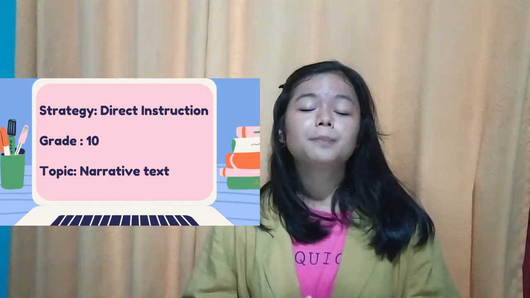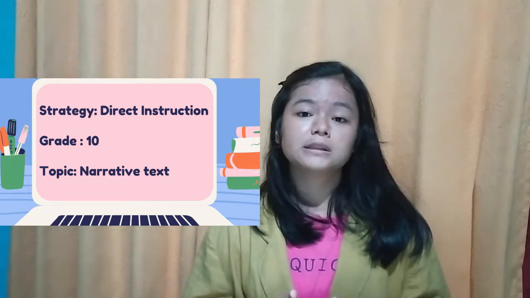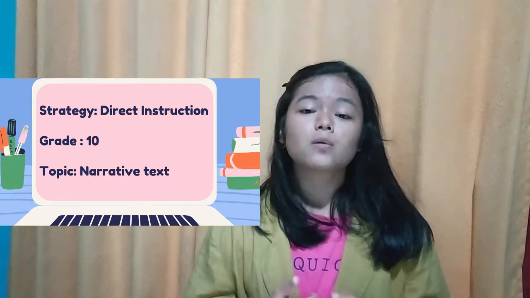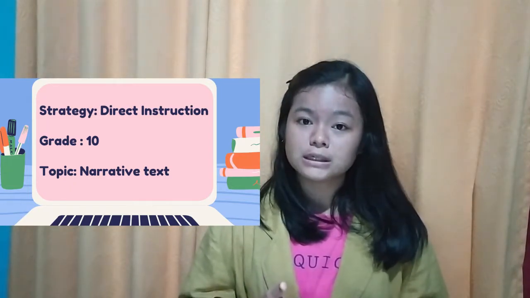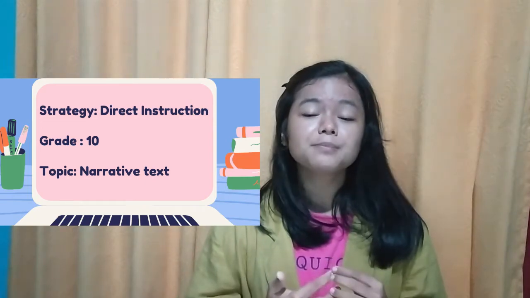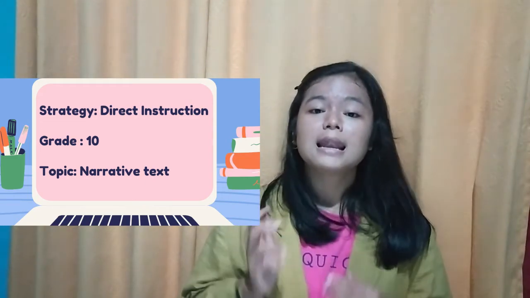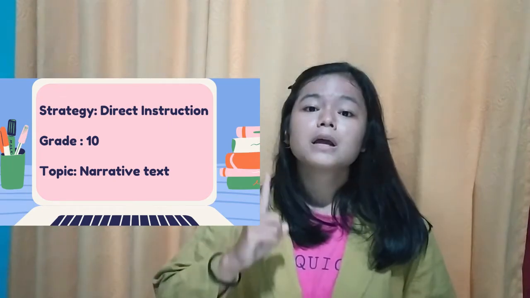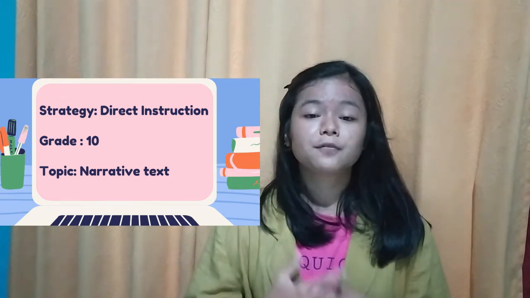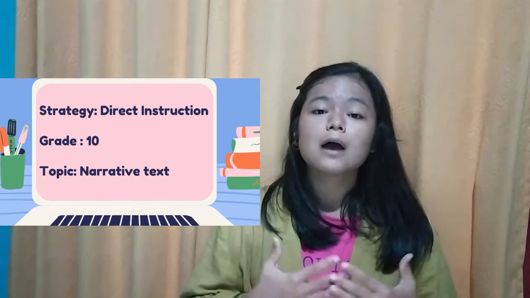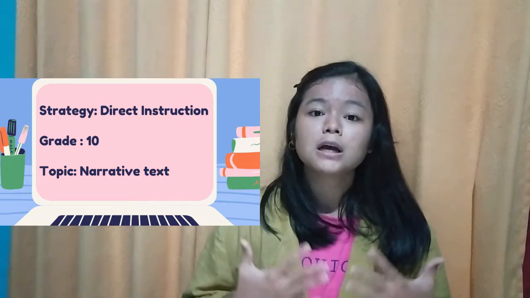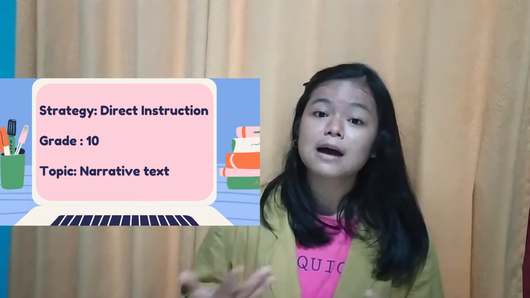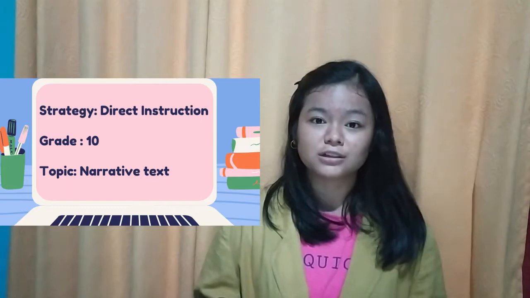Alright, when we want to apply the direct instruction strategy to teach reading and writing skill for our student through narrative text, the lesson plan can be broken down like this. The first one, choose the proper strategy for a student. In my case, I will use direct instruction for my students since our topic is about direct instruction.